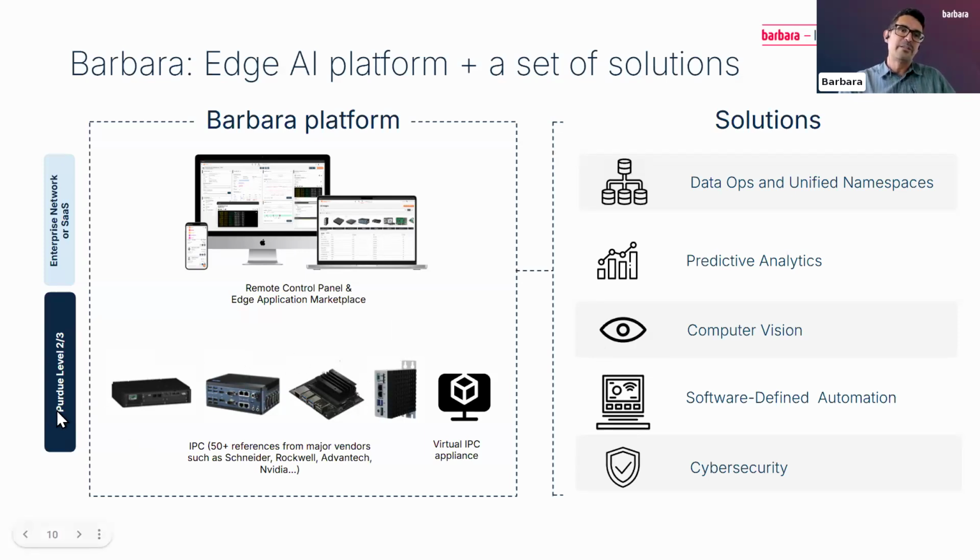Normally they are located at the Purdue level 2 or 3. Then all of these edge devices are controlled using the Barbara platform. We can have it either on cloud or in the enterprise network. And this way we can create different solutions. Normally, the most common solutions we work with are data operation and unified namespaces.